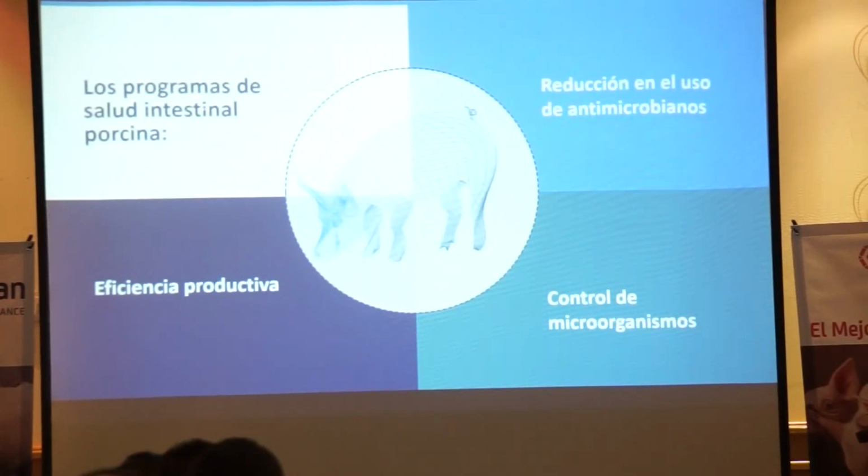So we have three programs. We can help you with the reduction of antibiotics, with controlling microorganisms in your production, and with efficient production of your animals. And these three are, of course, aligned with each other. If you have better control of microorganisms, you will need less antibiotics, and of course you will have a more efficient production.